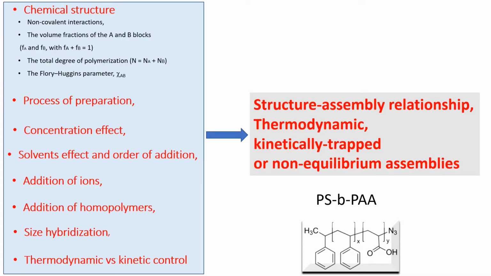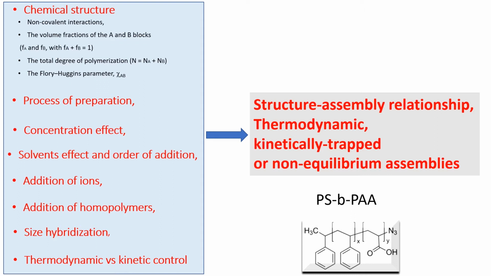He studied the structure-assembly relationship by controlling the thermodynamics and the kinetics using polystyrene-block-polyacrylic acid copolymers. You can notice that the polyacrylic acid is negatively charged, and he tuned the chemical structure of this block copolymer to see the effect on the structure-assembly relationship.